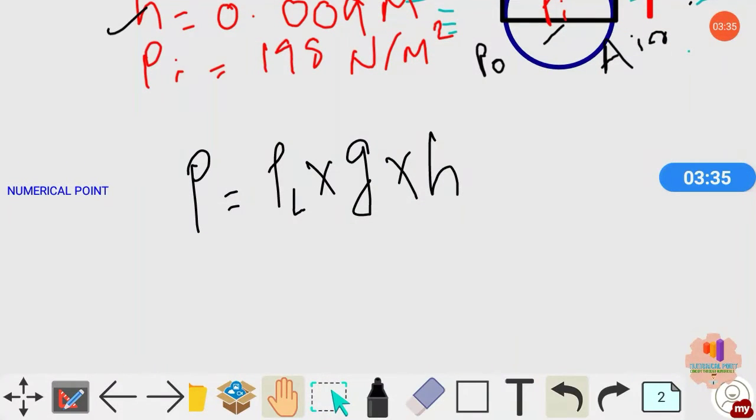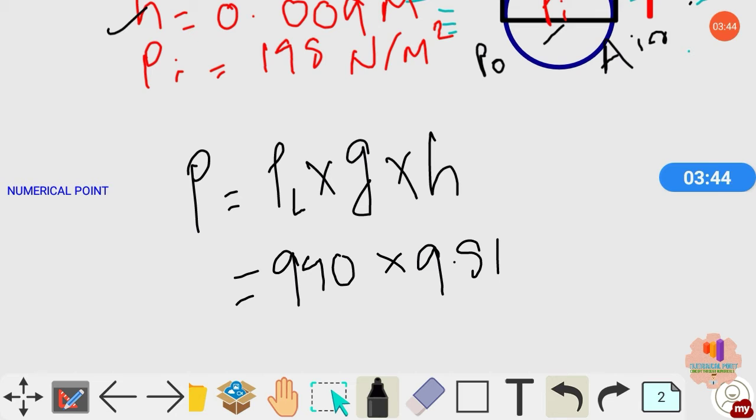940 kg per meter cube into g, that is 9.81, into h, that is 0.009.